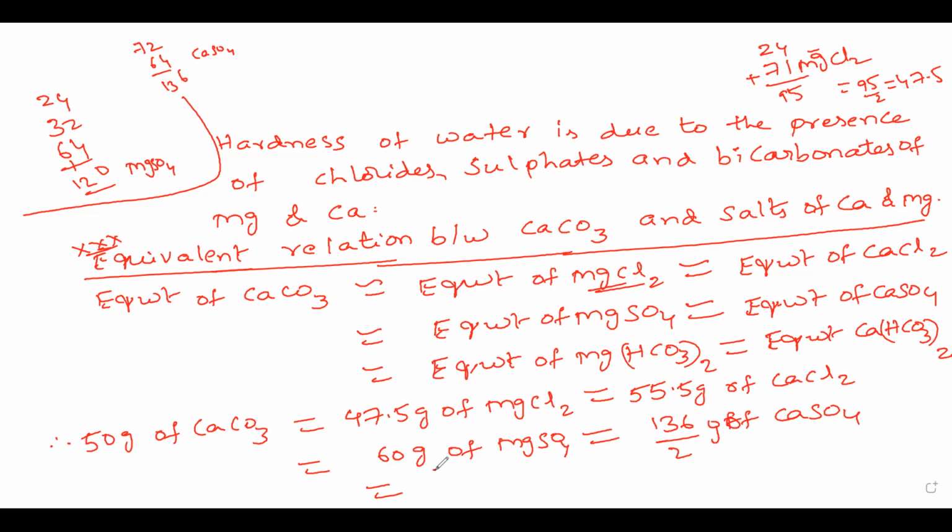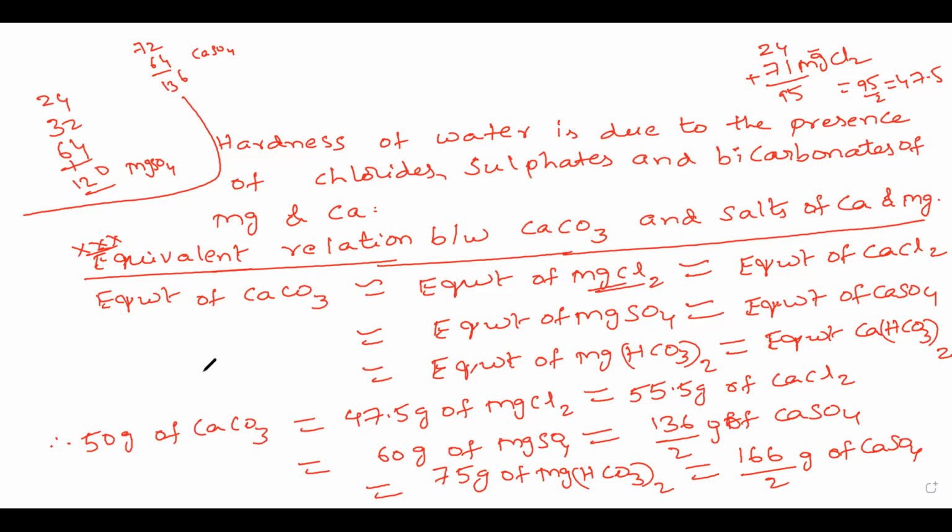So 150 by 2 is equal to 75 grams of magnesium bicarbonate, also equivalent to 40 plus 126, equal to 166. So 166 by 2 grams of calcium bicarbonate.